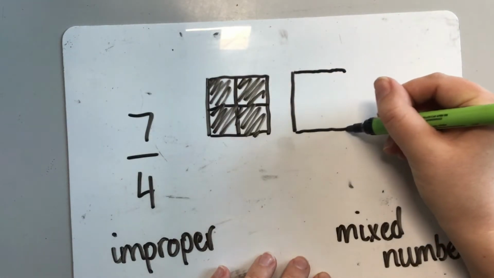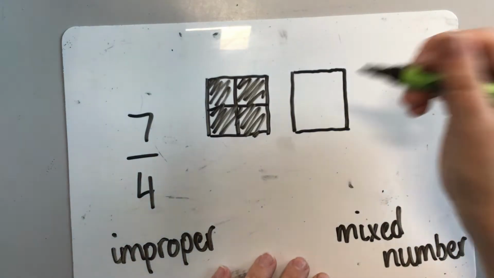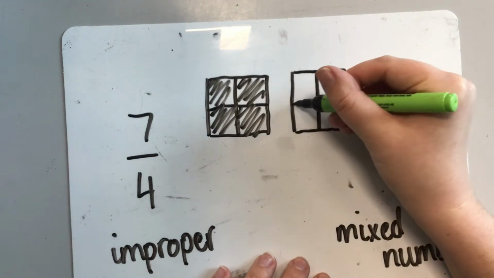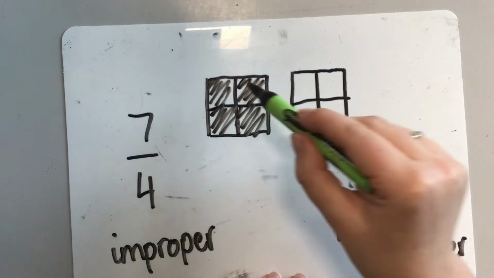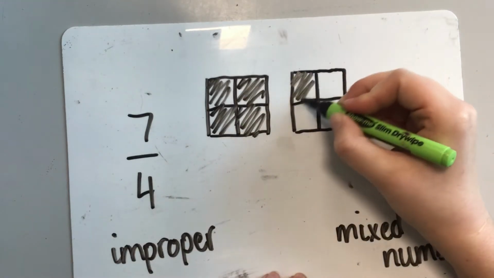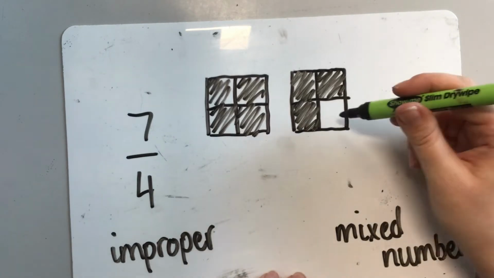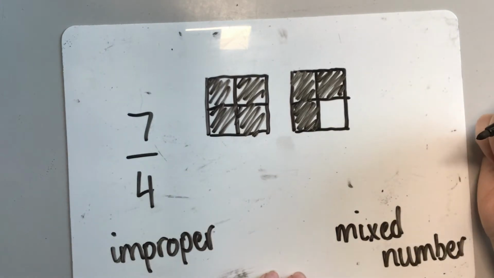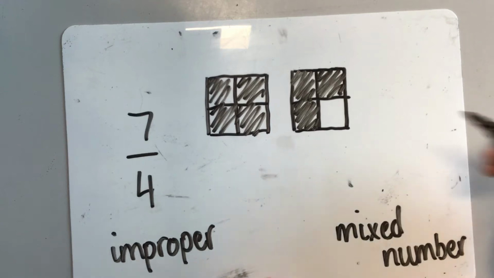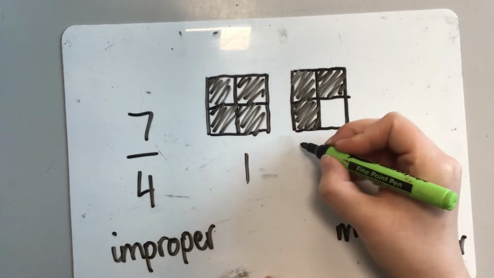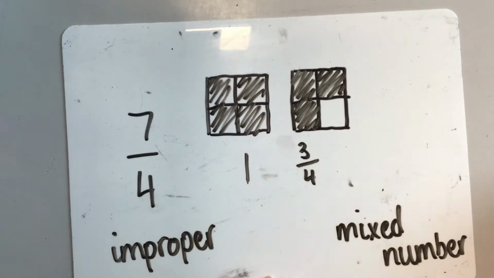Making sure they're accurate, again, is quite hard on a whiteboard, but imagine for me that these are equal. I need another whole, and I've got 1, 2, 3, 4, and then I'm going to go 5, 6, 7, but I don't have that 8th to complete that one. This is another way of showing we've got 1 whole and 3 quarters.